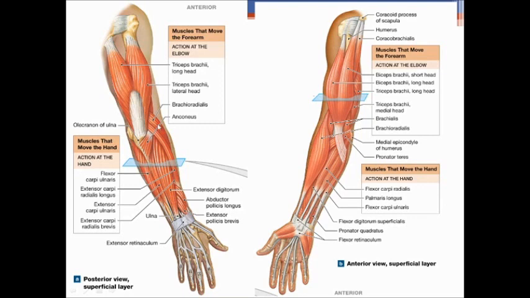The brachioradialis, the anconeus, which is this cute little triangle muscle on your elbow. All of your extensor muscles will be on the posterior side of your forearm, which is really important to note. Your extensor retinaculum is a piece of fascia that covers the posterior side of your wrist.